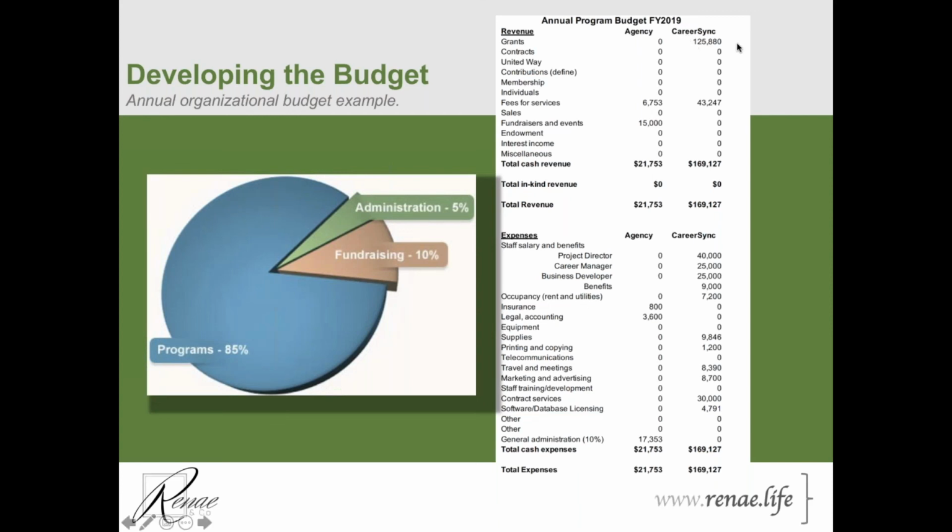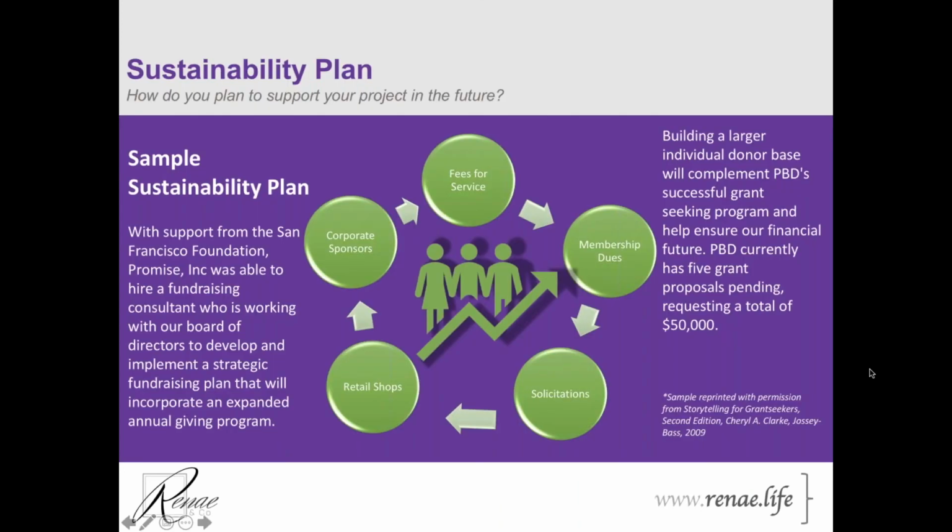This is extremely helpful when you receive a grant that is specifically for one or two programs. At the bottom, we have the expenses, our salaries, our legal, our accounting, and our total expenses for the entire budget are below. Now, the next component that we will go over is the sustainability plan.